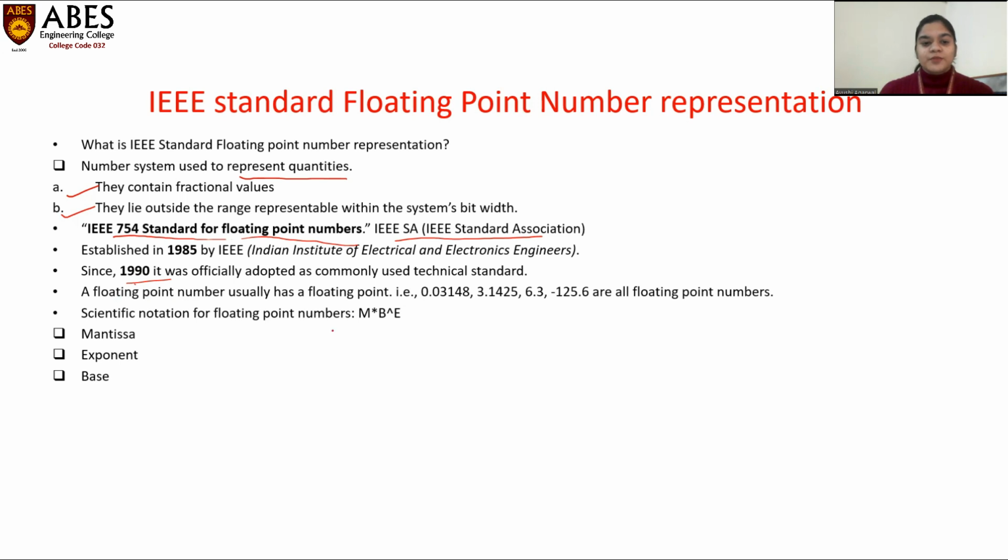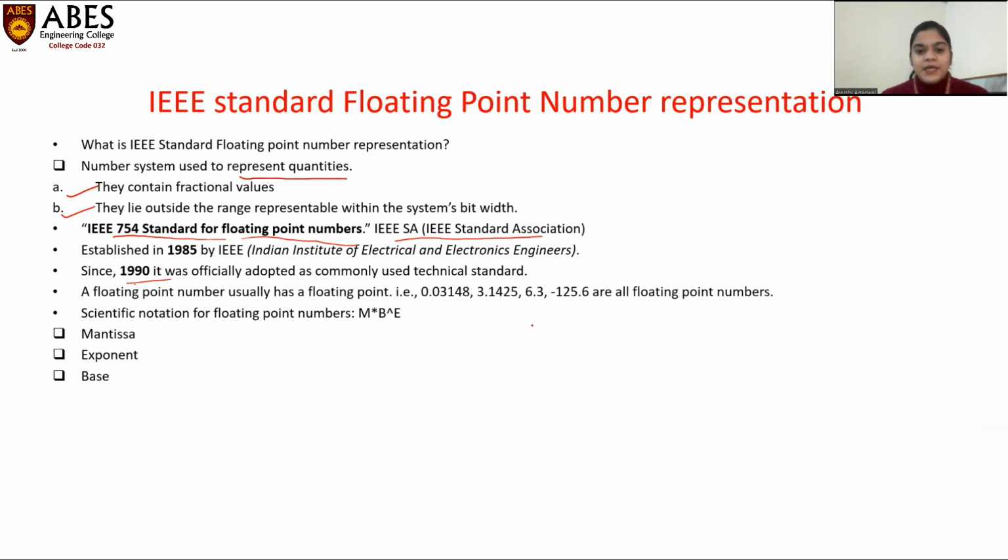So a floating point number usually consists of a floating point. Now, what do we mean by this floating point? Why do we call this radix point a floating point? Let us understand this first. In small classes, you must have read about decimal numbers. Now, what are decimal numbers?